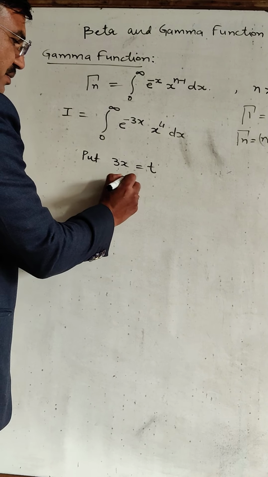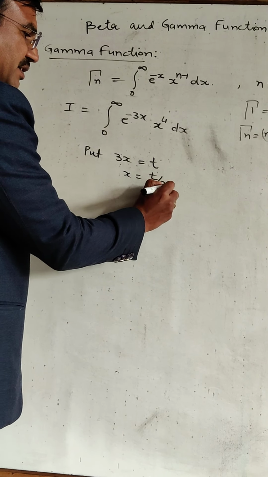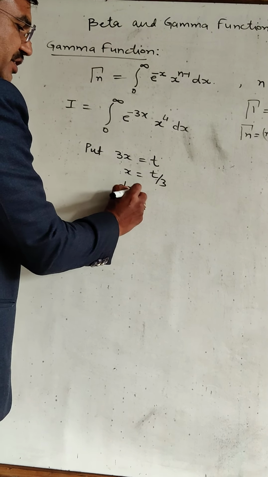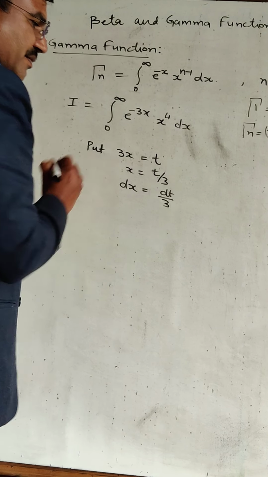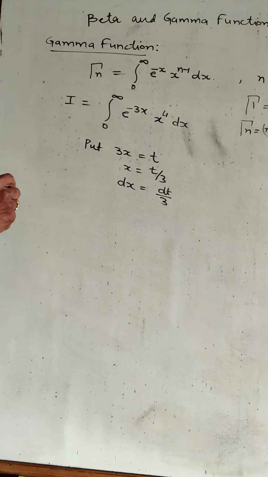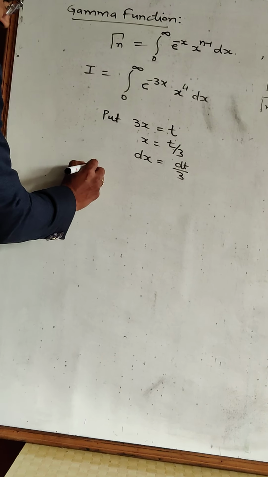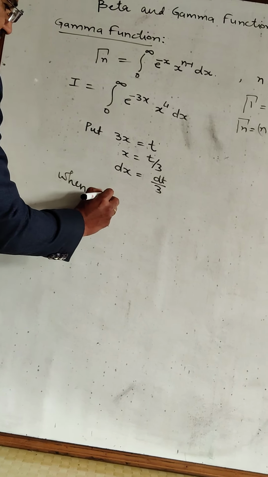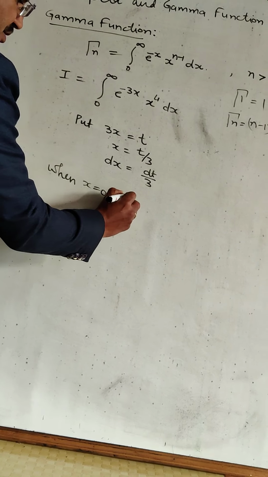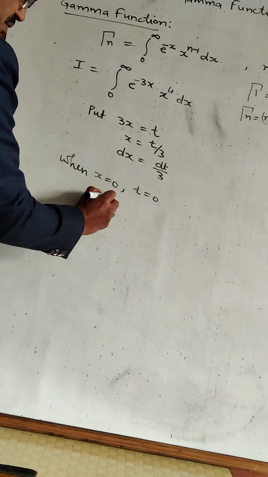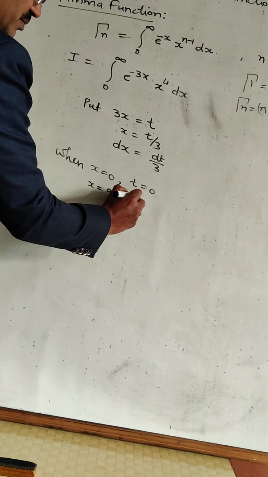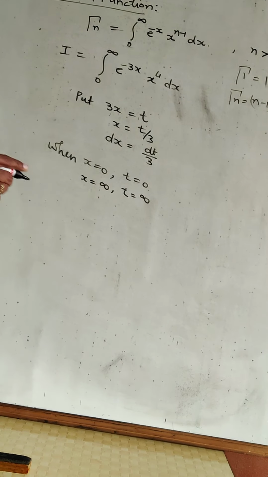Then x would be equal to t by 3. If we differentiate, dx would be dt by 3. Again we will find the limits. When x is equal to 0, t would be equal to 0. When x is equal to infinity, t would be infinity.